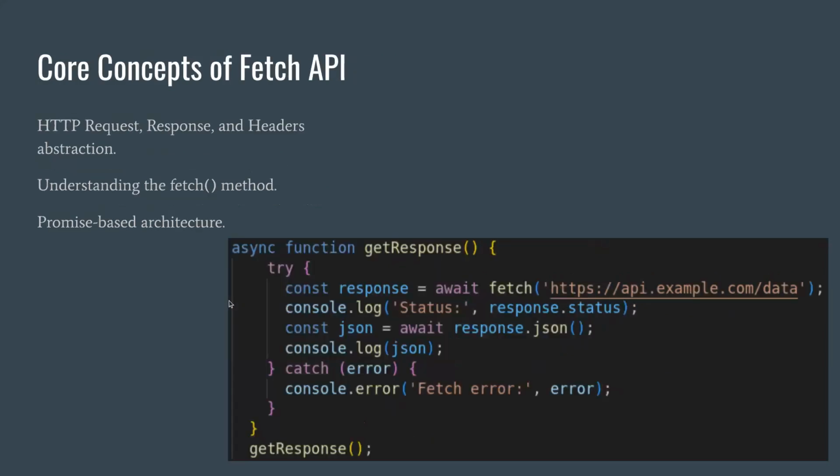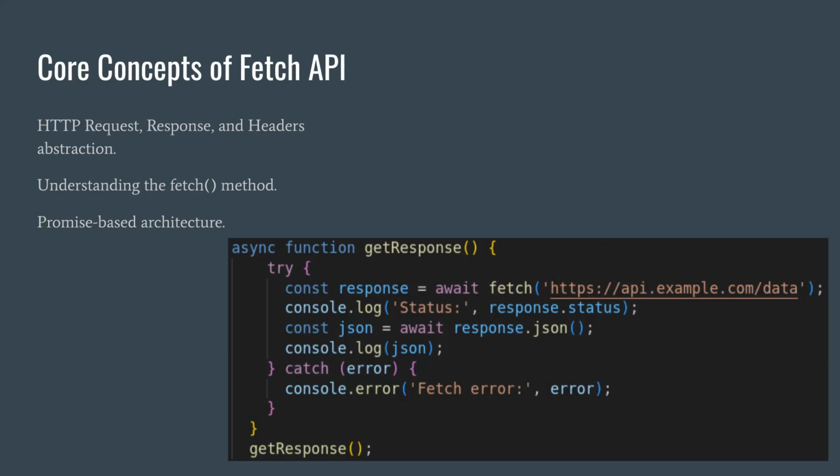So here, core concepts of Fetch API. At the heart of the Fetch API are abstractions of core HTTP concepts, which we are familiar with. They are HTTP requests, HTTP responses, and headers, and they all are represented as JavaScript objects.